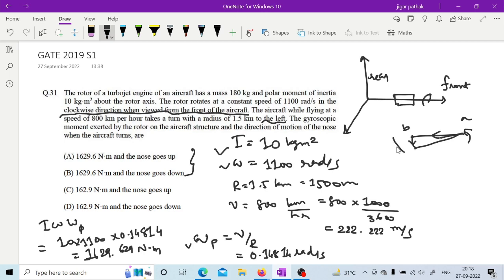So this will be the reactive gyroscopic couple. And when this is the reactive gyroscopic couple, your nose will go down. So B is the correct answer, right? So all of you are getting the same?